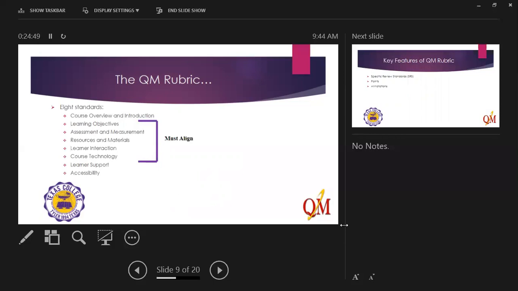So if you land on your course page and maybe look at the first chapter, it ought to be obvious to your colleague that the assessment measurements align with the learning objectives, and the resources to deliver the content, which will enable the students, align with the assessment measurements.